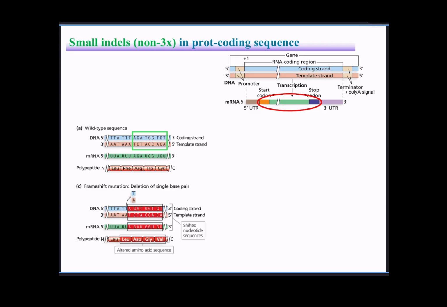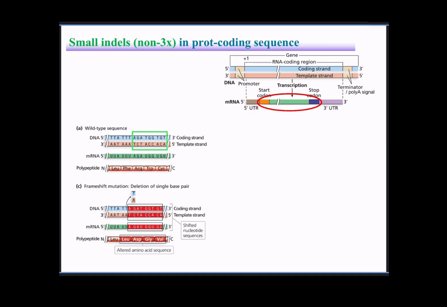In many cases these frameshifts will lead to premature stop codons as well. So these mutations, once again, if they happen near the end of a protein, perhaps the protein's function is spared, but if they happen anywhere near the beginning or in the middle of a protein, there's a good chance that the protein is gone.